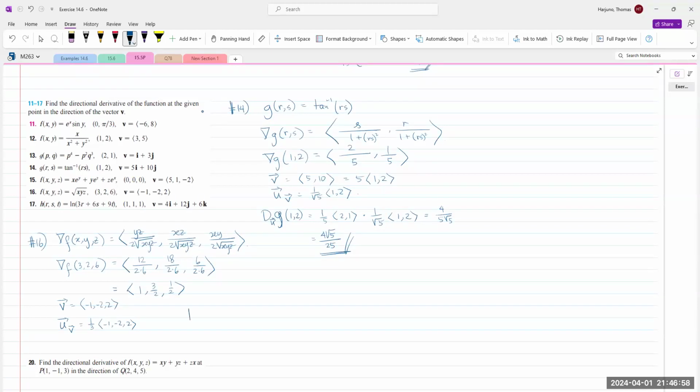So the directional derivative of the function at (3, 2, 6) in the direction of unit vector u will be (1, 3/2, 1/2) dot 1/3 (-1, -2, 2). That equals 1/3 times (-1 minus 3 plus 2). It's -2/3.